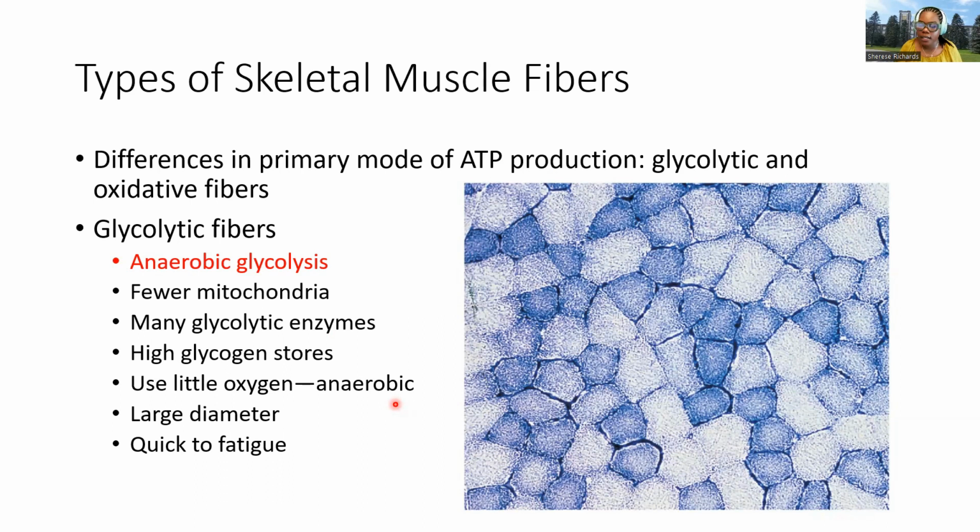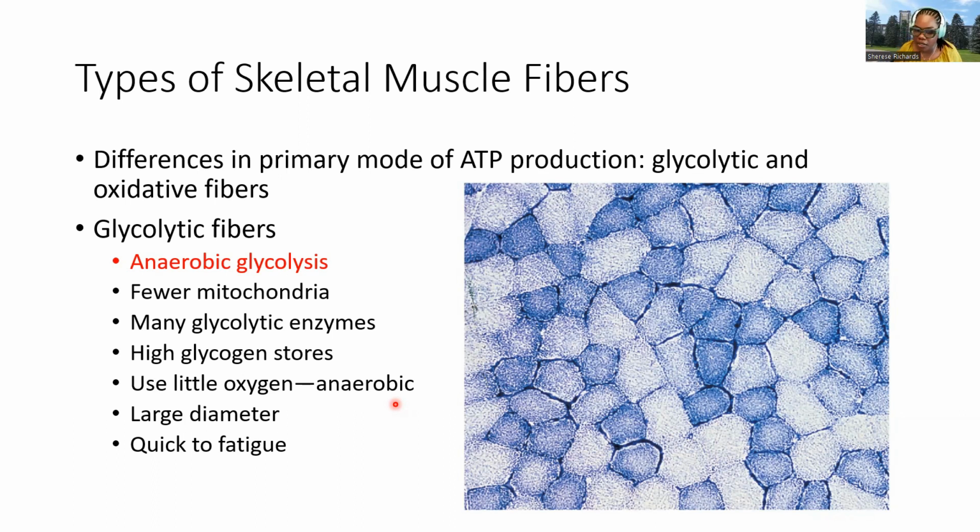So let's say we have a long distance runner, right? One of those runners in the Olympics that can run for many miles, long distance, slow running. Their muscles are going to be more conditioned to have more oxidative fibers. That is not to say that their muscles will not have any glycolytic, but it's going to be predominantly more oxidative. Compare that to a bodybuilder.